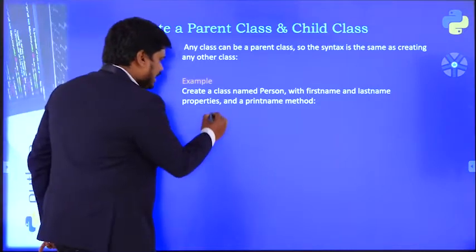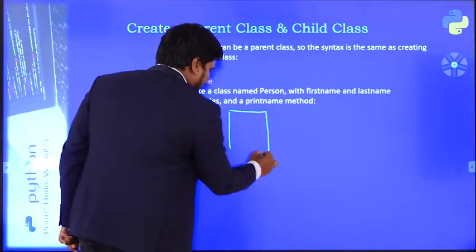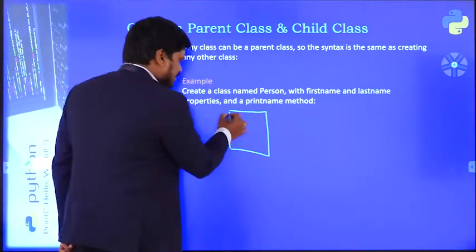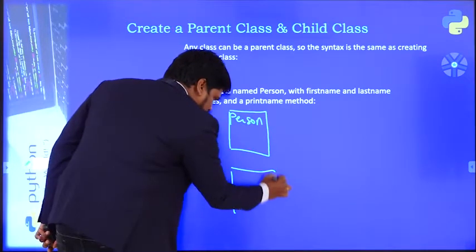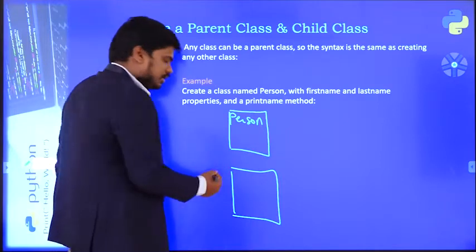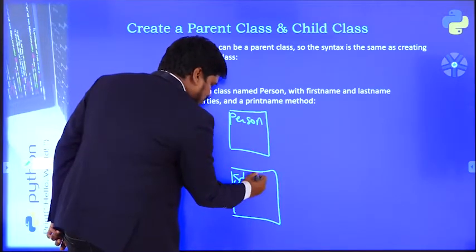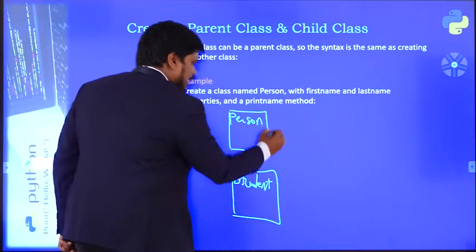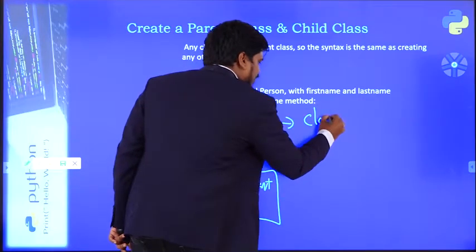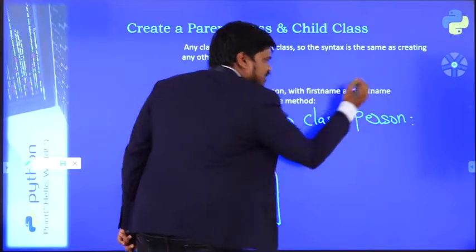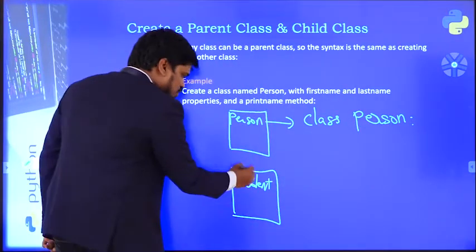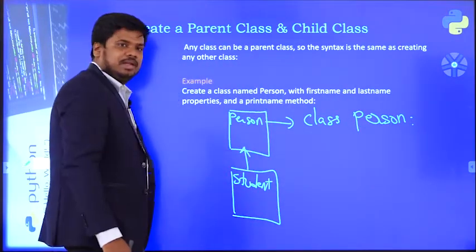Observe carefully, here I have taken one class, the name of that class is Person, and I have taken one more class, and the name of that class is Student. The Student is acquiring all the properties from Person.